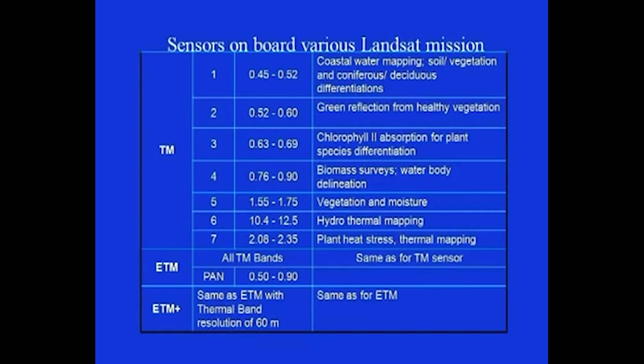ETM Plus, the next version of ETM, has the same band specifications as ETM, except that the thermal band resolution has now been improved from 120 meters to 60 meters, and the applications are similar to ETM, or we can say similar to TM.